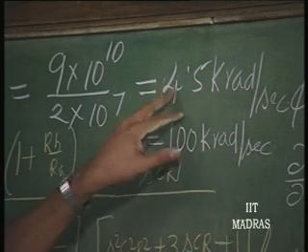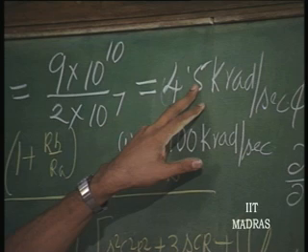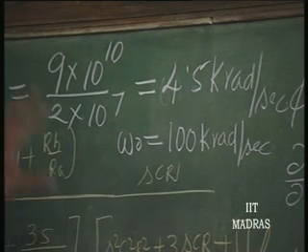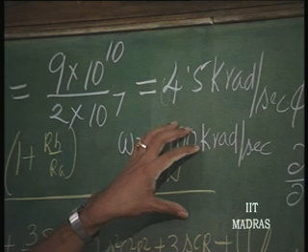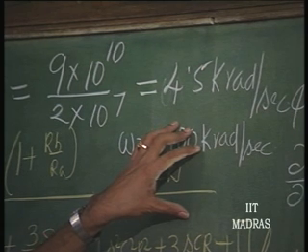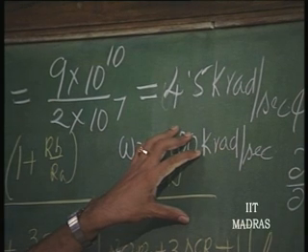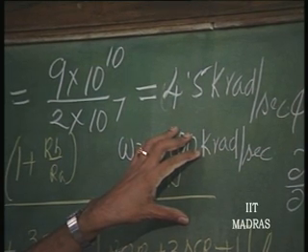It is about 4.5% error. Now, see the other one. When the same 100 kilo radians per second oscillator was designed, the other one had 2 radians per second as the frequency deviation, just 2 radians per second.